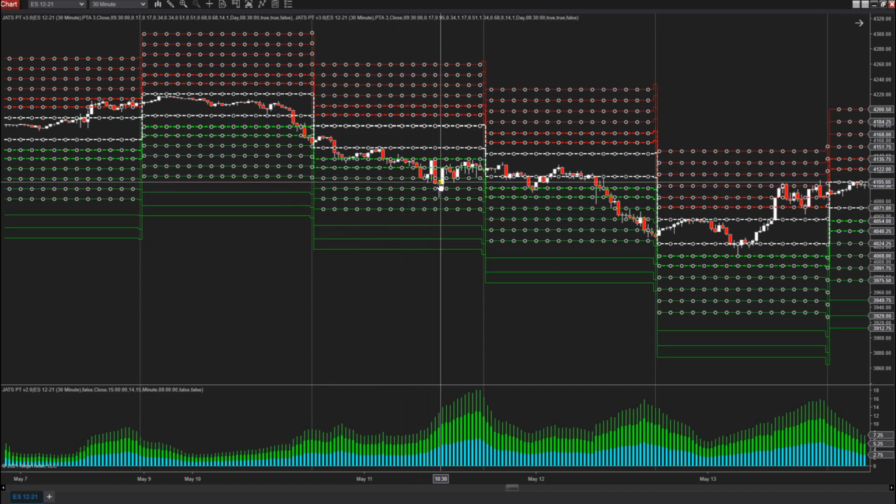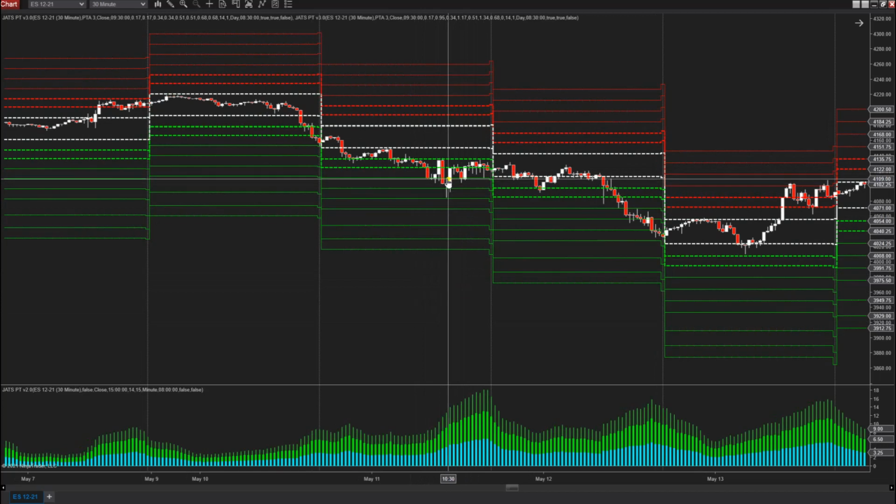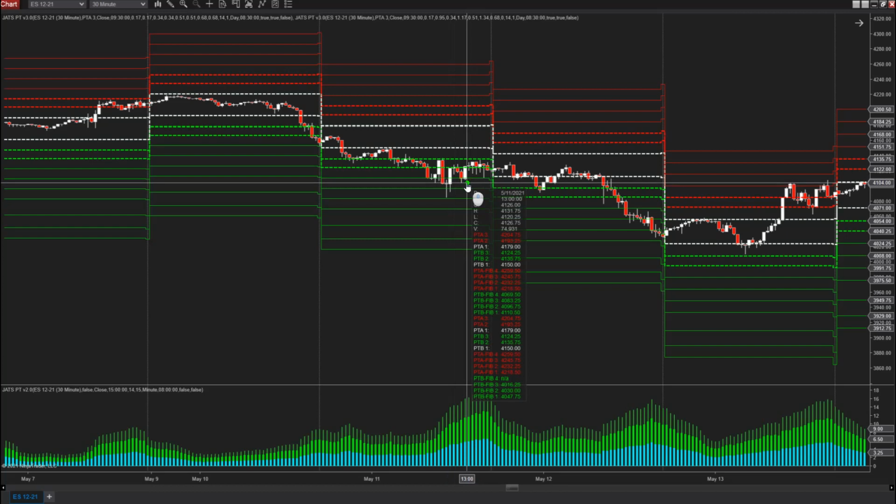So this one breached the second level, but closed back above it. Do you see that? They got it back inside the time. I'm looking for the timestamp. 10:30, 1300.